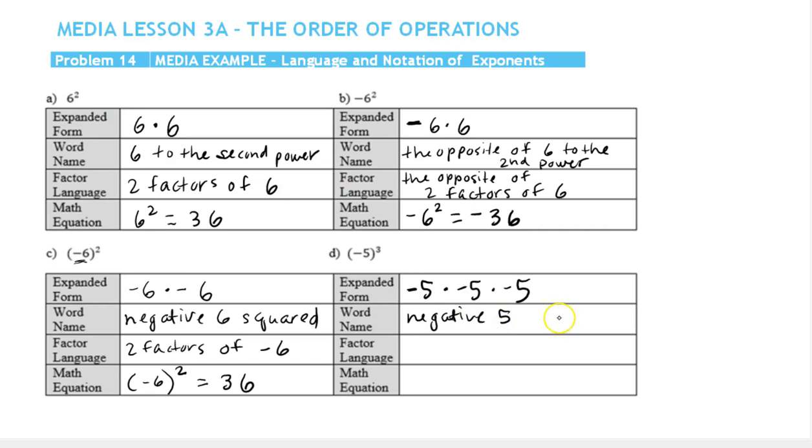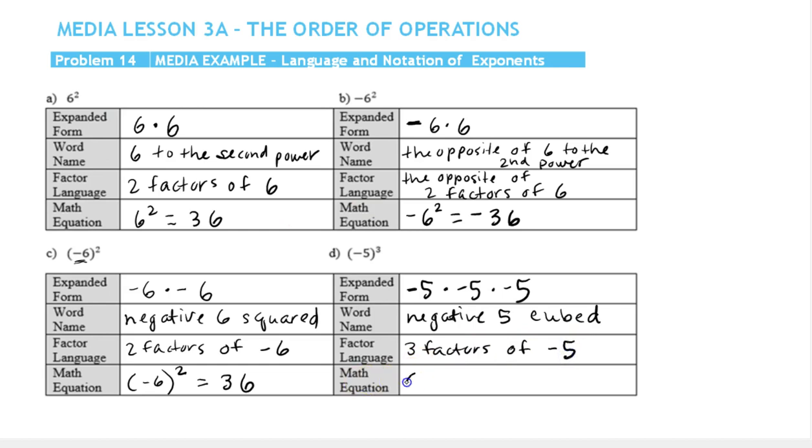We could either say to the third power, or we could say cubed. And you can see why we like saying cubed sometimes. It's a little bit shorter. In factor language, we have 3 factors of negative 5.